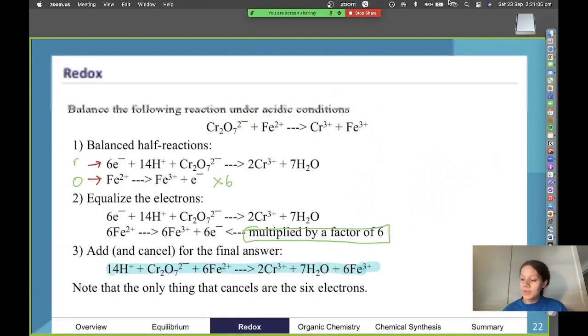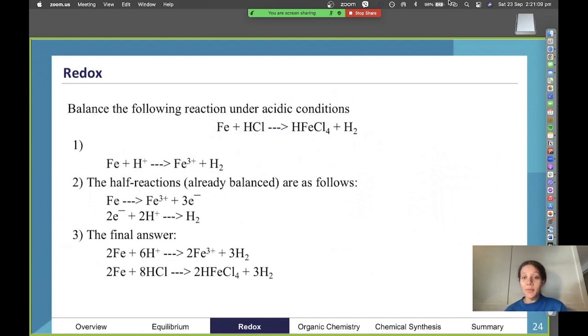So we'll actually go onto this slide because we have a bit of a different situation here because of how our hydrogen has worked out. So our half reactions that are already balanced are actually below. So the iron we just consider in terms of the ion itself. I know they sound so similar.